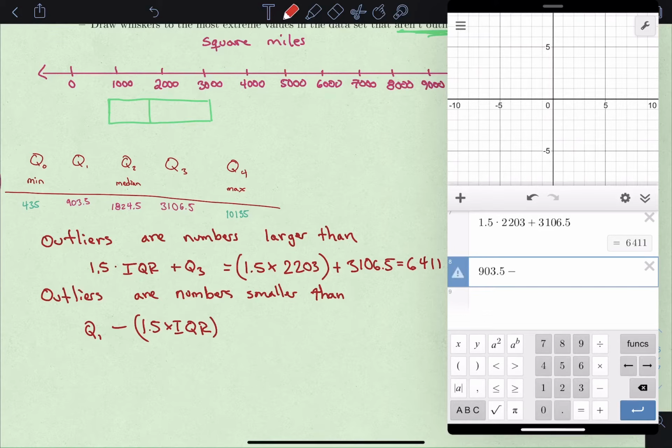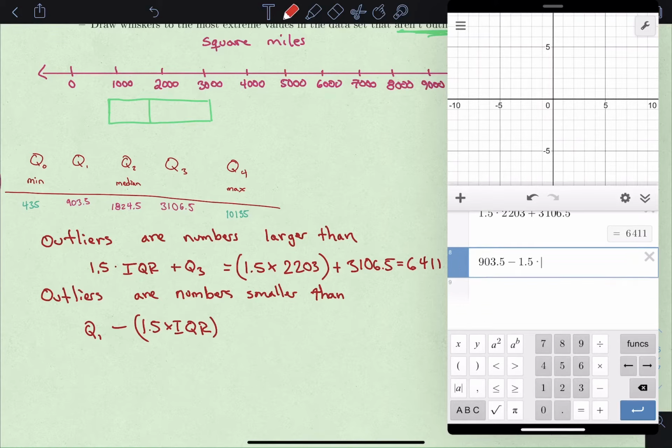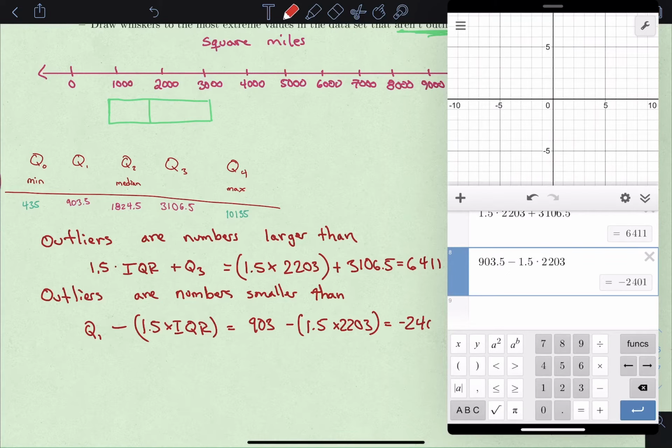We're going to subtract 1.5 times 2203. This is 903 minus 1.5 times 2203 equals negative 2,401. And if you're a county, your square area can't be negative. So in this particular case, it's impossible to be an outlier because your number is so small.